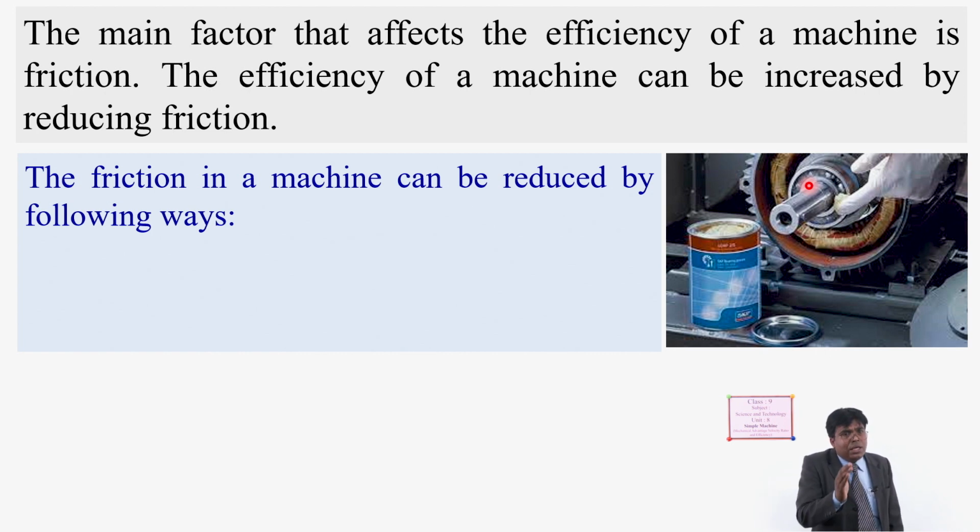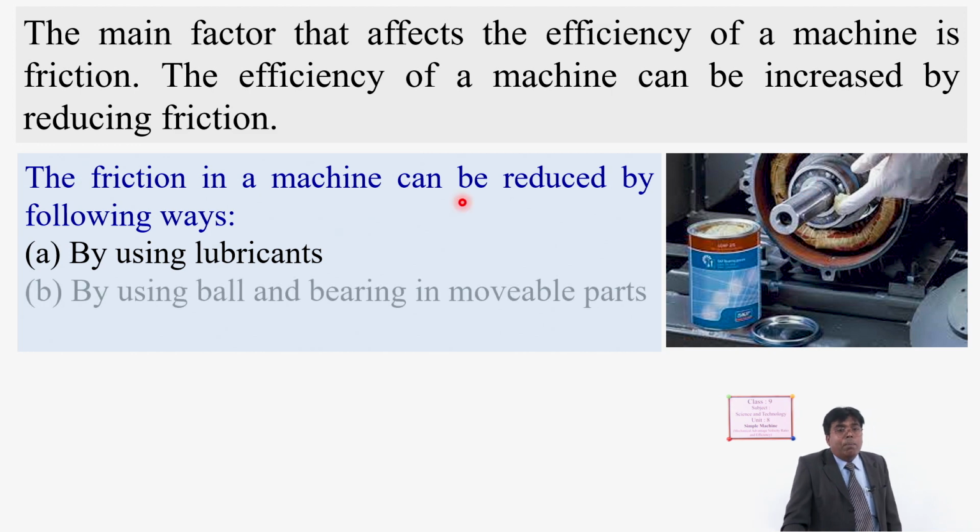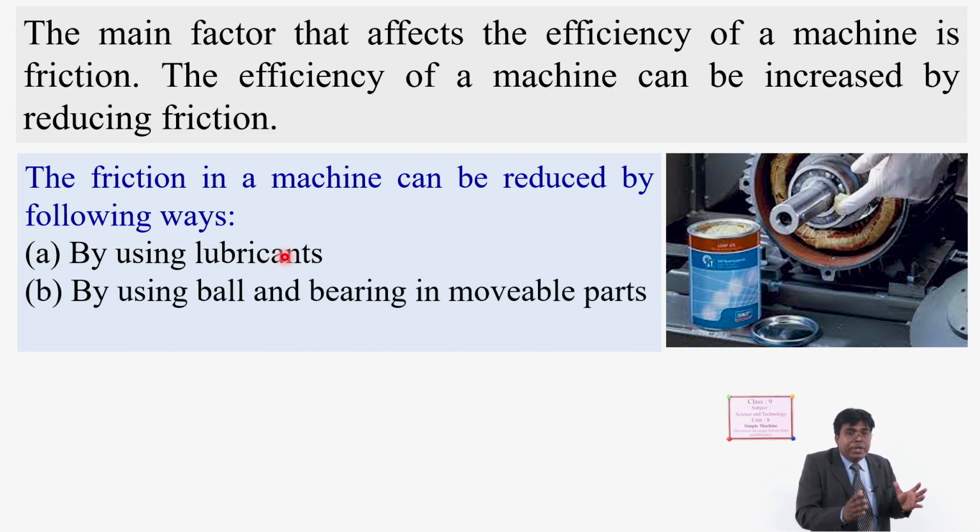So you know that by putting that, the efficiency is increased, or you are capable of riding that cycle or other devices easily. So lubrication helps to reduce the friction. In the same way, if you are using ball bearings, obviously rolling is easier than sliding, and that's why ball bearing helps to reduce the friction.